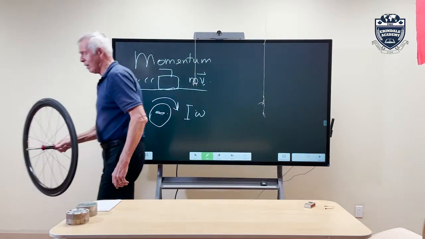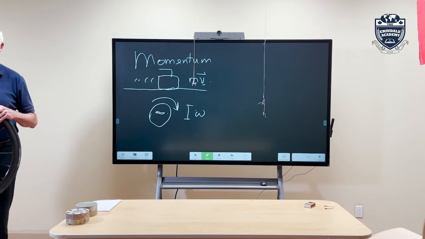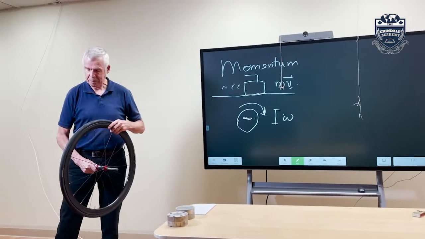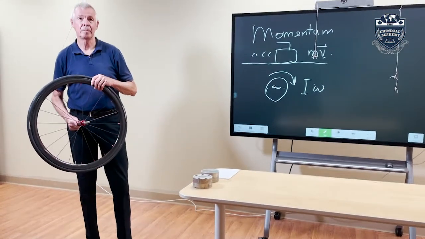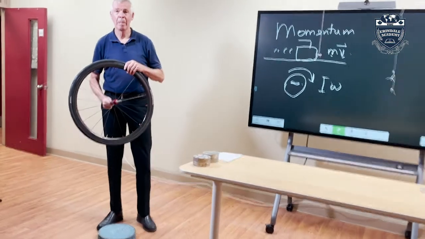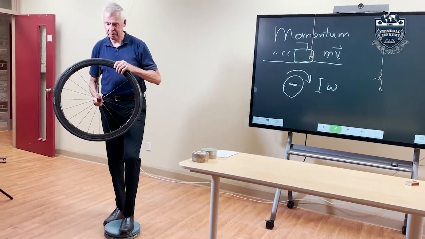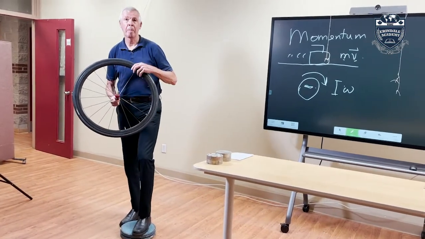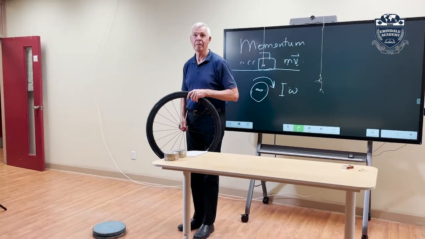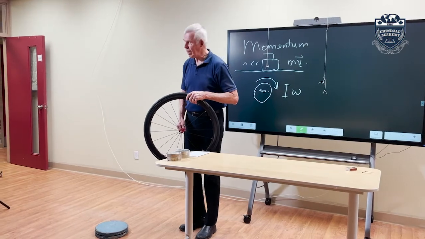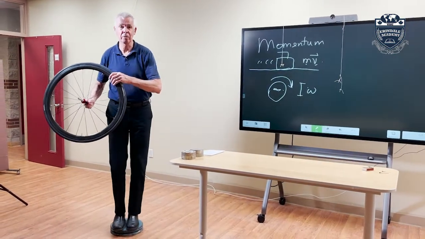So what we have here is, again, the bicycle wheel, and I'm going to stand on a platform that rotates like that.